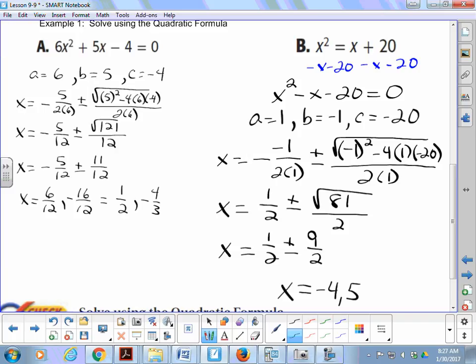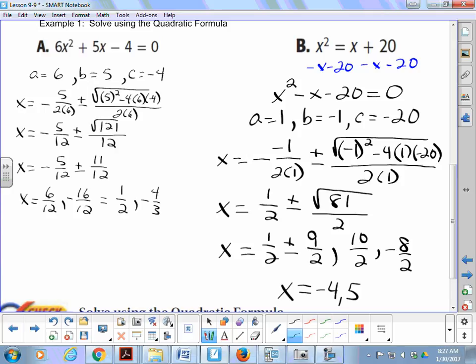All right, so x equals 1/2 plus or minus 9/2. So we get 10/2 and -8/2, which is -4 and 5. Most students prefer to do the quadratic formula over completing the square.